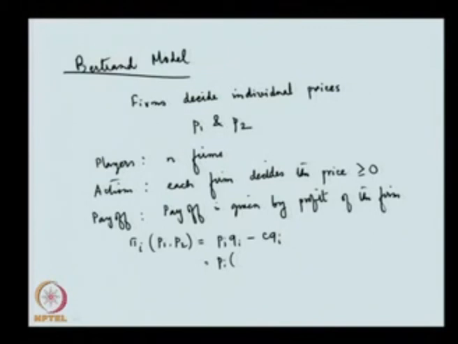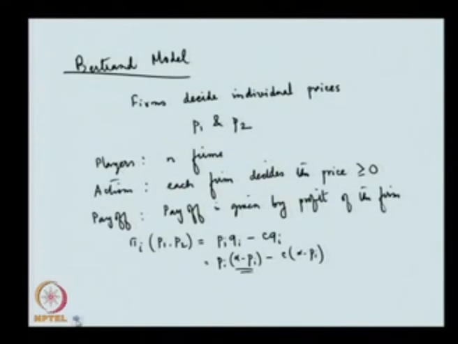Q is nothing but the market demand, which is given by alpha minus Pi, and so this is equal to alpha minus Pi minus C if Pi is less than Pj. Okay, if my price is less than the competitor's price, then I get the entire market. So this demand function is valid for me.